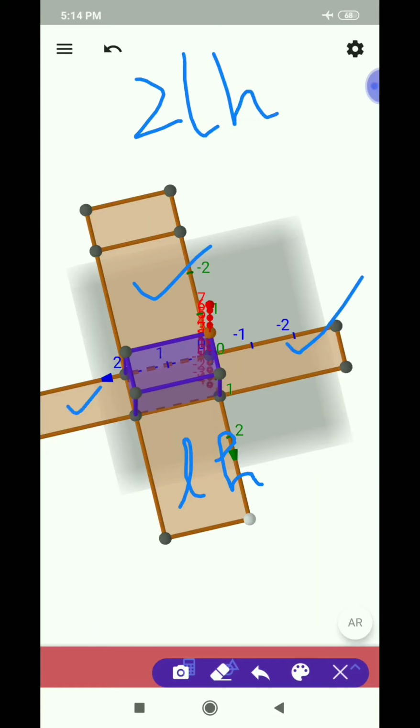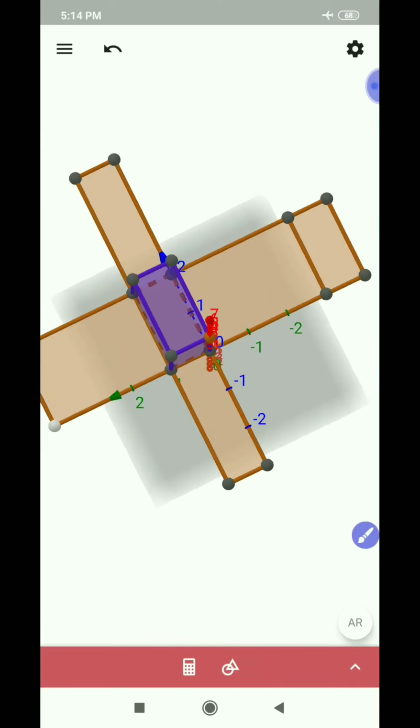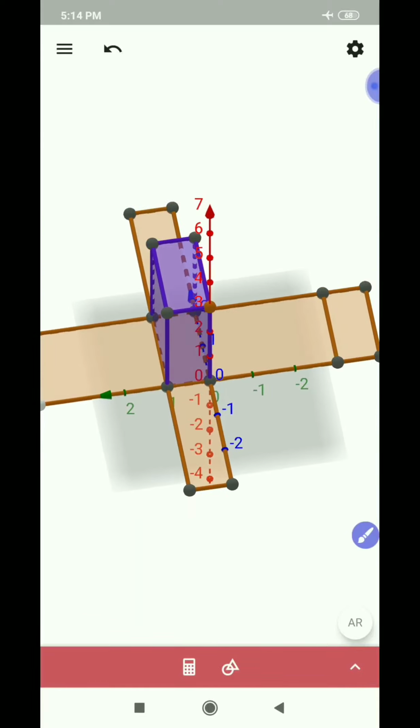What about these two? Again, observe carefully.